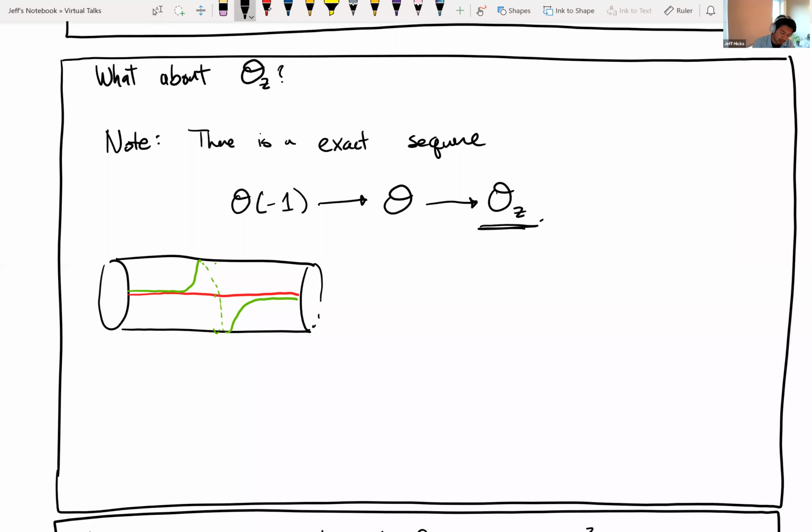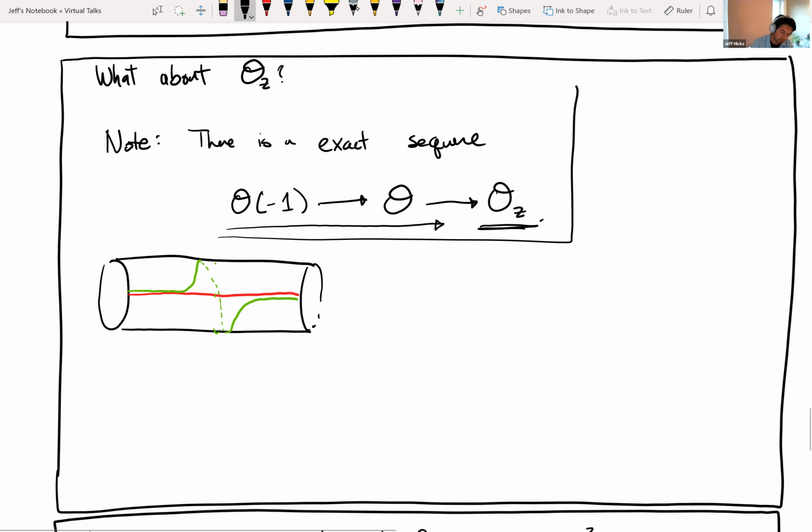Well, you could understand those Lagrangians by understanding the mirror, where on the mirror we have an exact sequence between a line bundle O(-1), O, to the skyscraper sheaf of a point z. If I was to draw the Lagrangians which are mirror to O(-1) and O, they would be this green Lagrangian over here, this red Lagrangian over here.